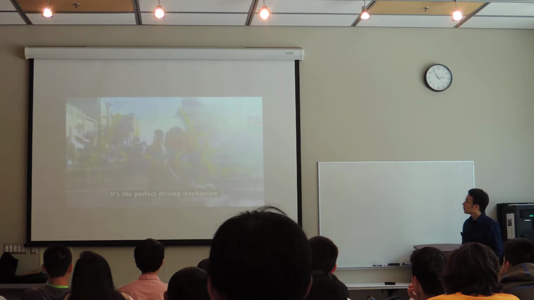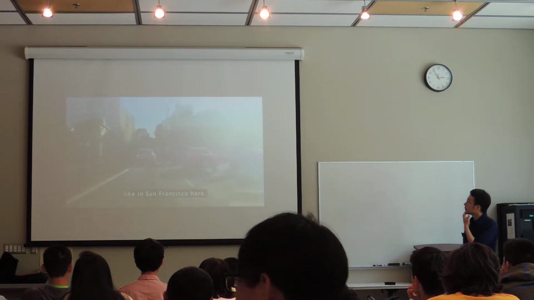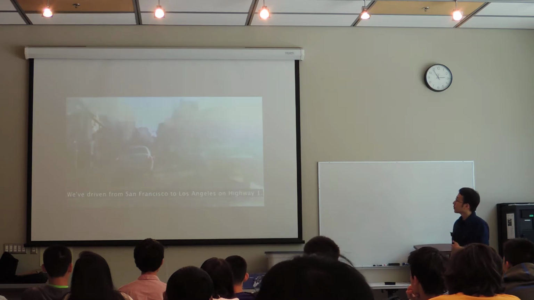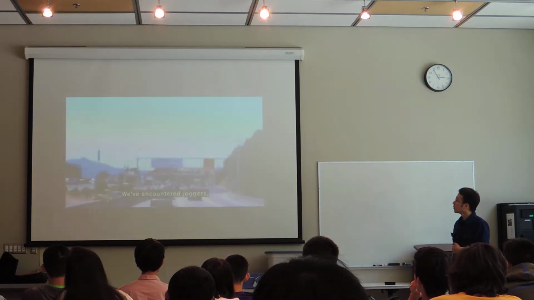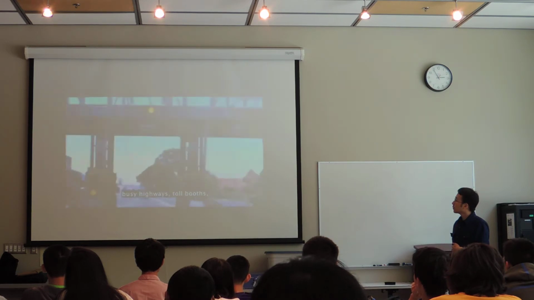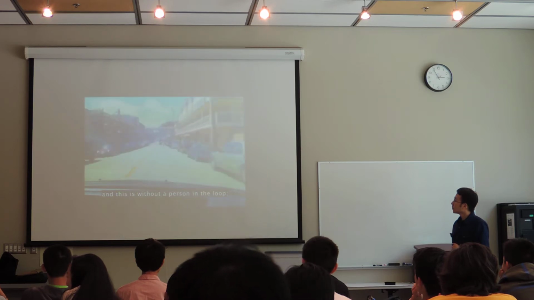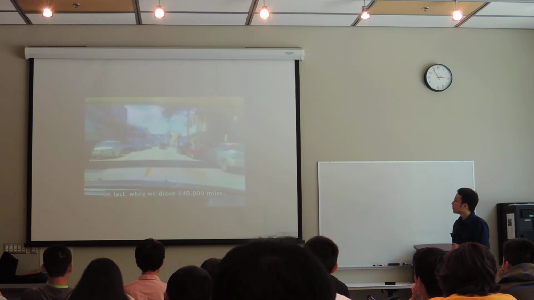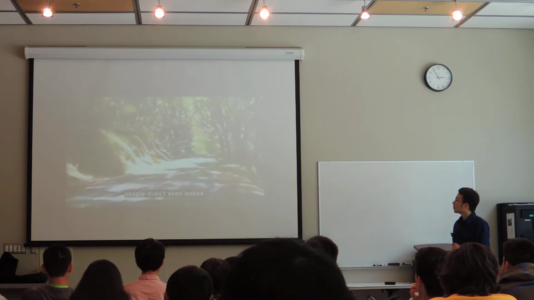It's the perfect driving mechanism. We've driven in cities, like in San Francisco here. We've driven from San Francisco to Los Angeles on Highway 1. We've encountered joggers, busy highways, toll booths, and this is without a person in the loop. The car just drives itself. In fact, while we drove 140,000 miles, people didn't even notice.